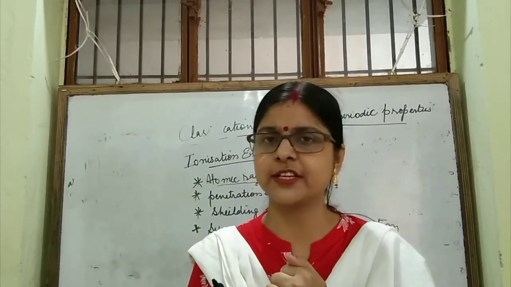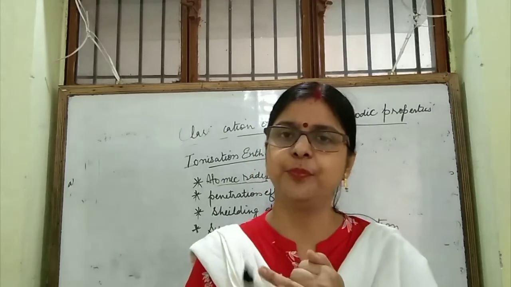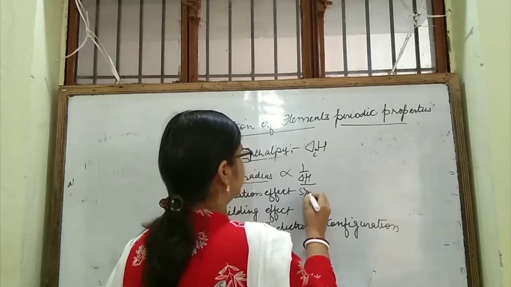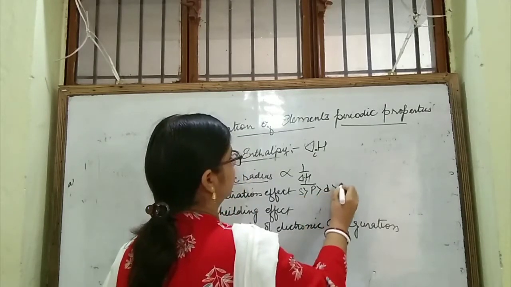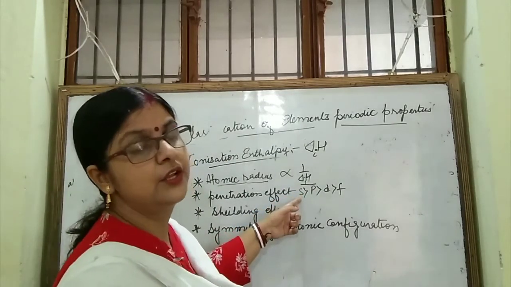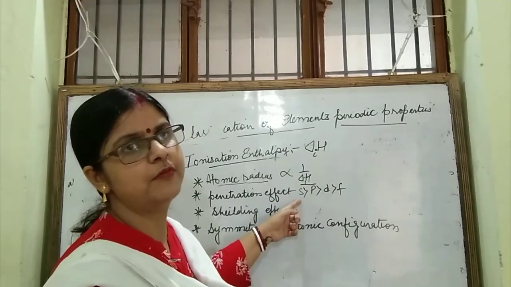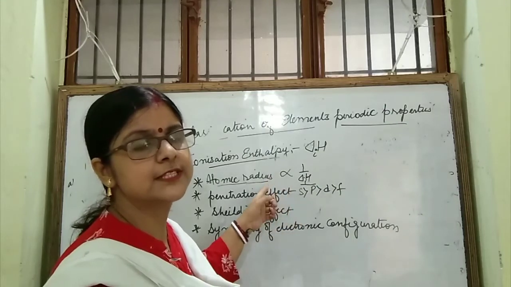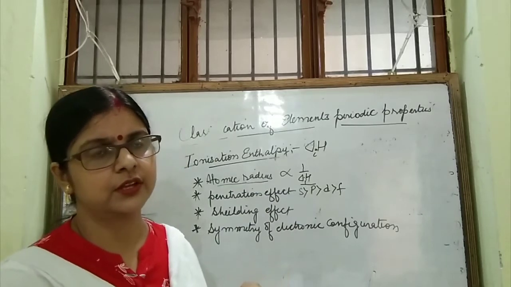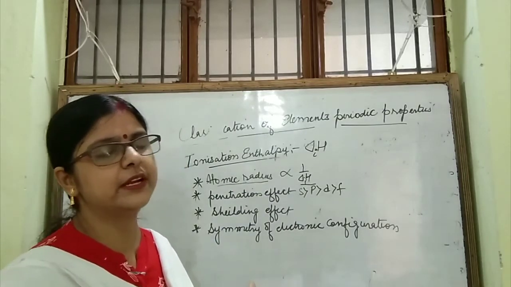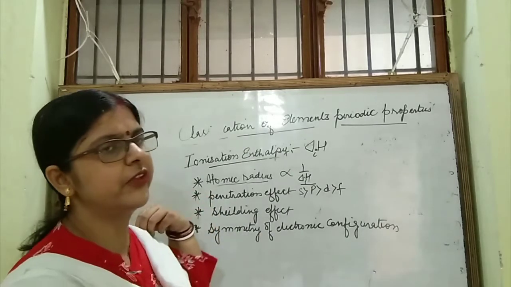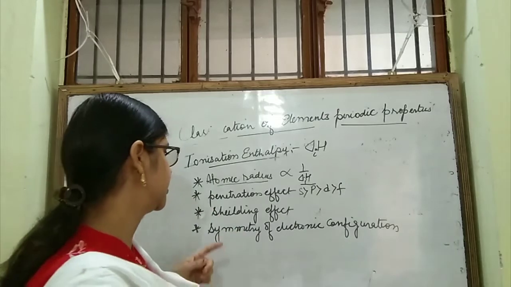S has the maximum penetration effect, then P, then D, then F. So the order of penetration effect is S, P, D, F. Maximum energy will be required to remove an electron from the S subshell because it has the maximum penetration effect. So penetration effect is directly proportional to ionization enthalpy. The more the penetration effect, the more the ionization enthalpy.